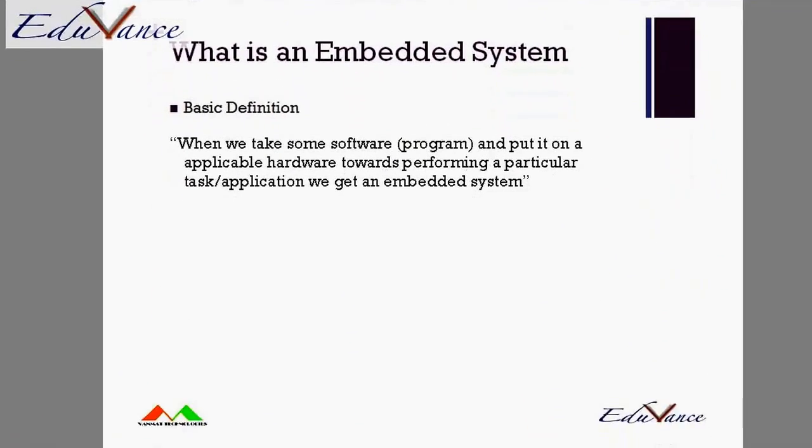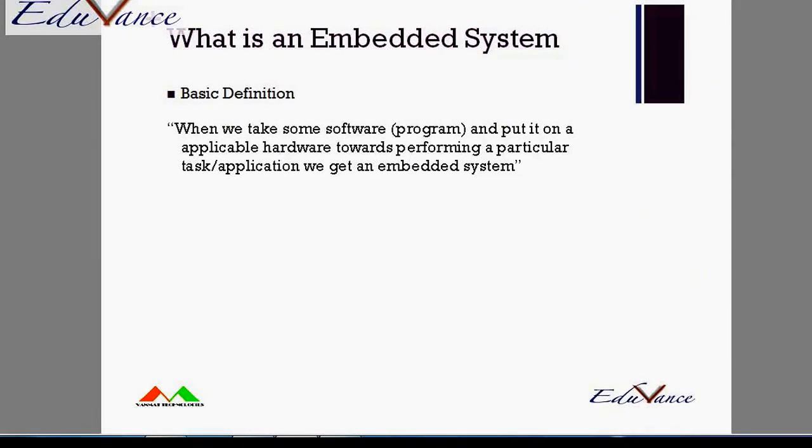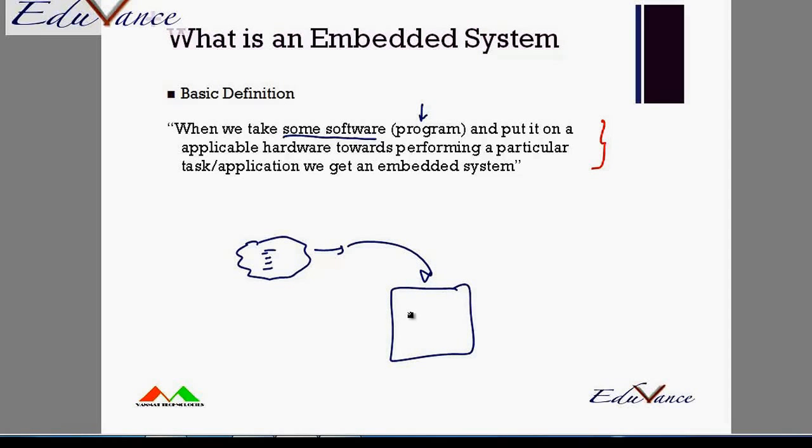So what is an embedded system? The most basic definition of an embedded system is that when I take some software or a program, so if I have some program with lines of code and I put it onto some applicable hardware, which would be a microcontroller, microprocessor.